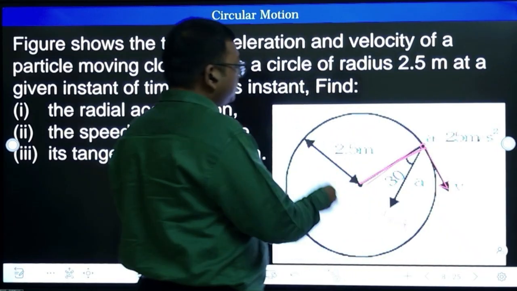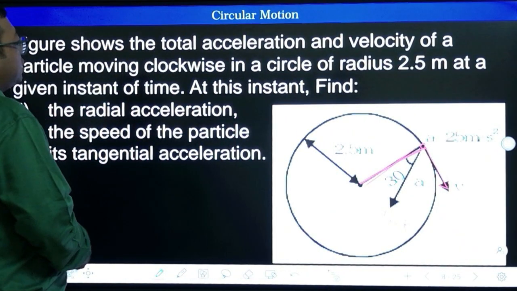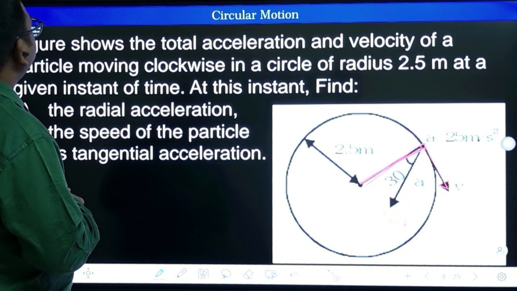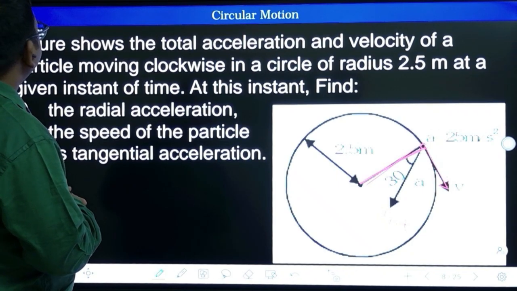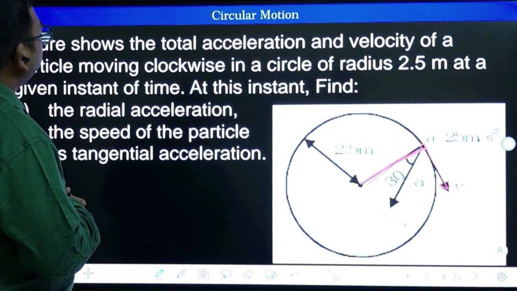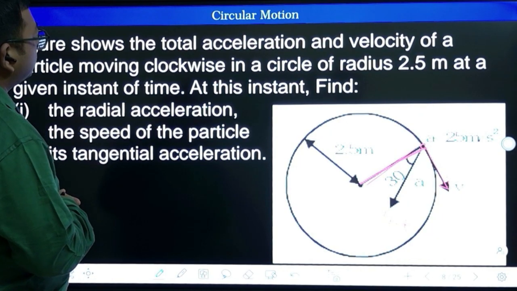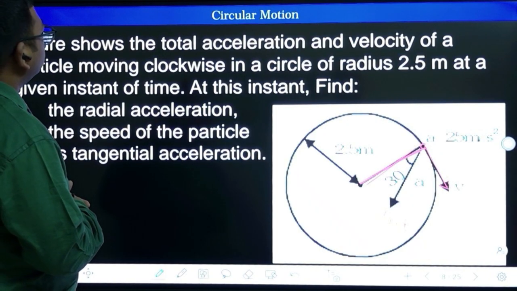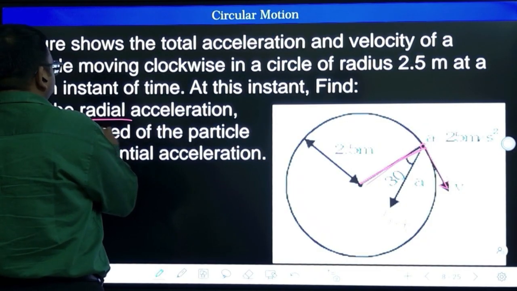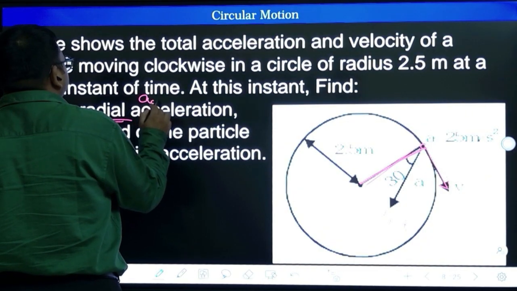Net acceleration is making 30 degrees. Radius is 2.5, V is 0.5. Radial acceleration means centripetal acceleration, correct? This is what they are asking.